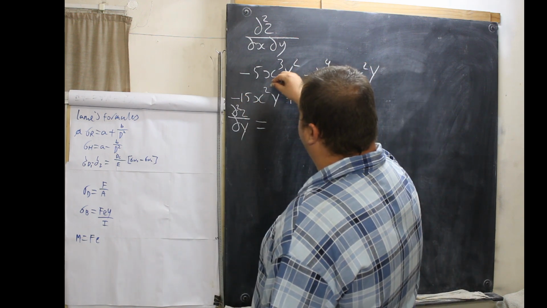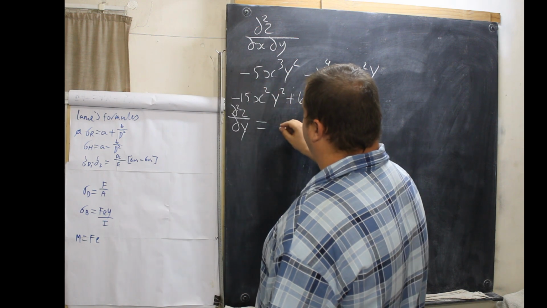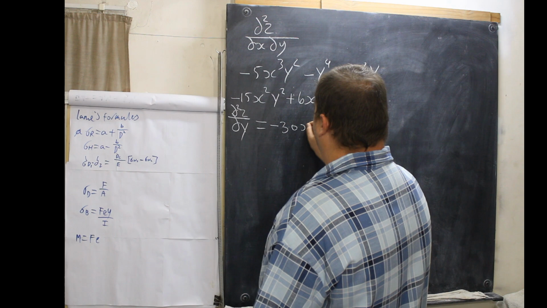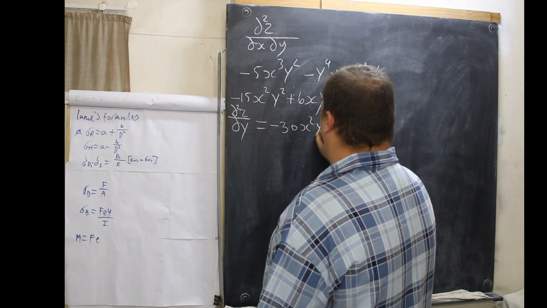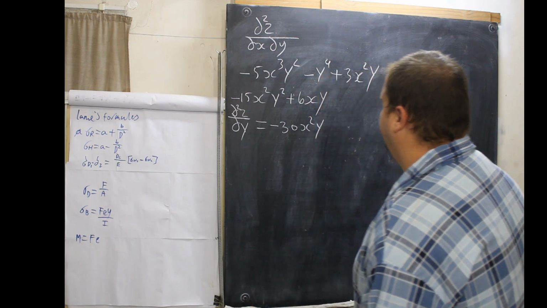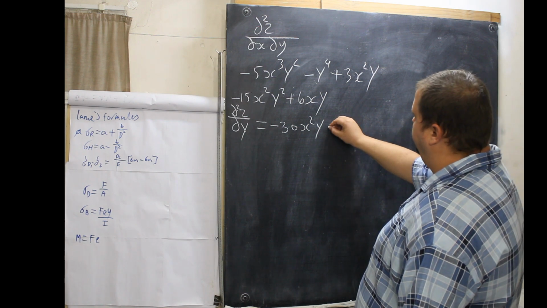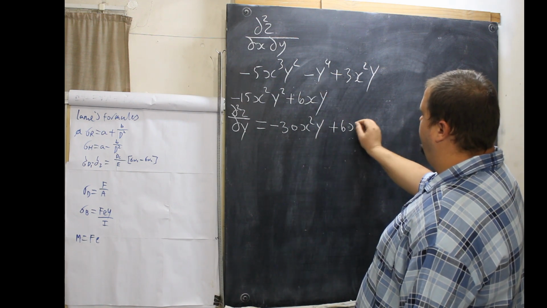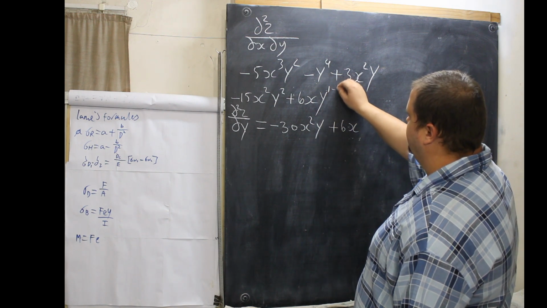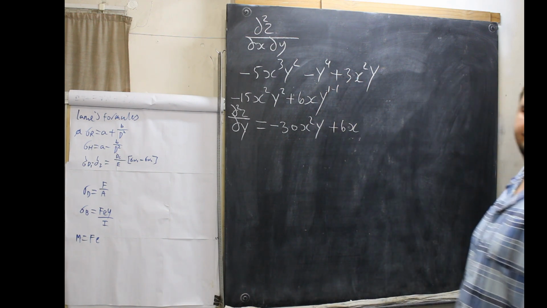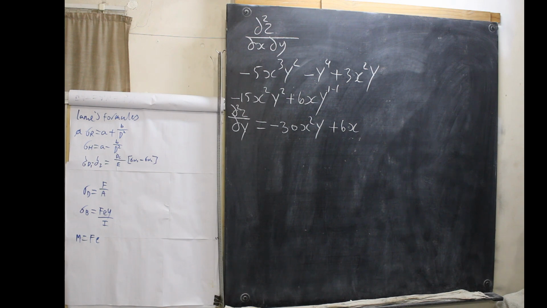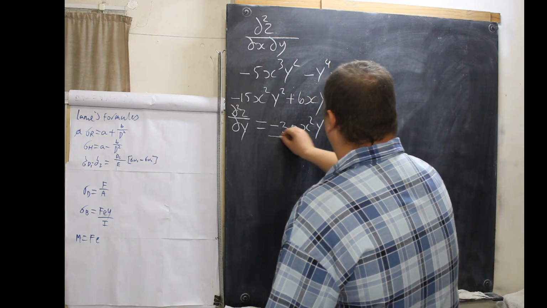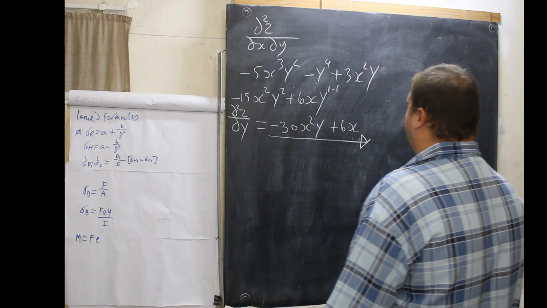So 15 times 2 is 30, minus 30x squared y, plus 1 times 6 is 6, and 1 minus 1 is 0. So our final answer is that.